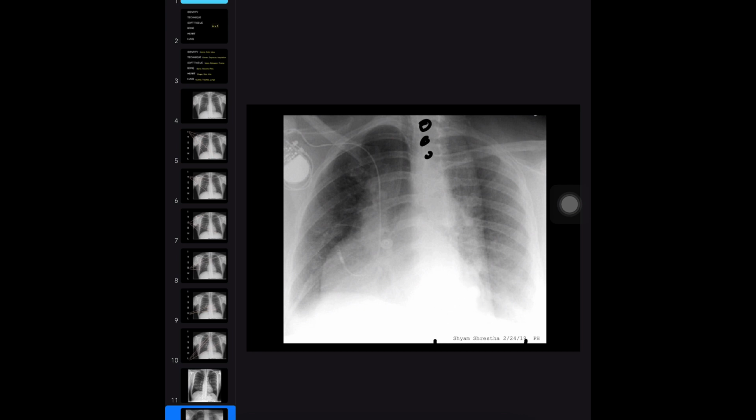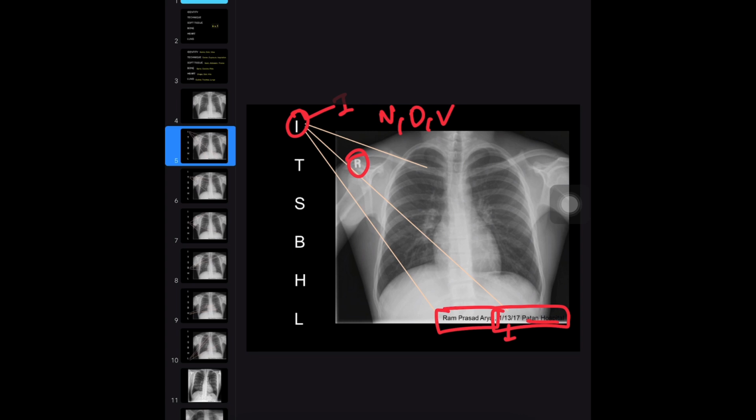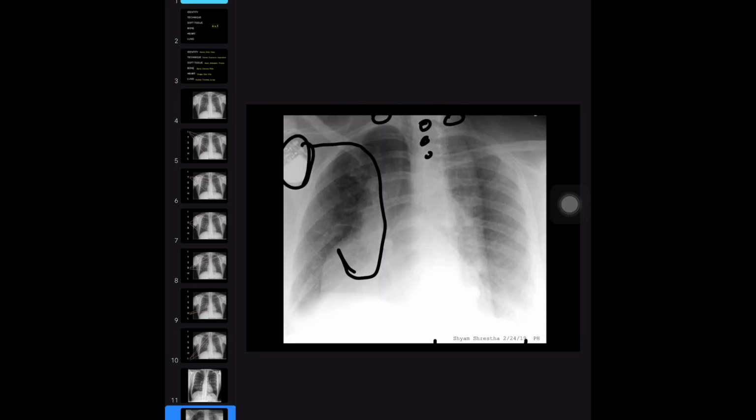And then the soft tissue, neck and thorax. Here you can see some wire is placed, so always do not leave out the soft tissue, because you can miss these things.